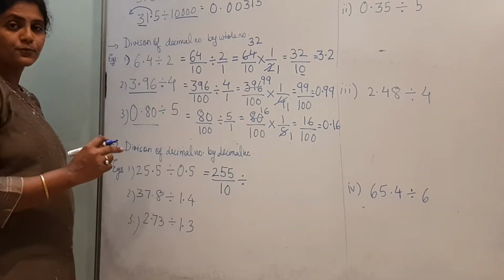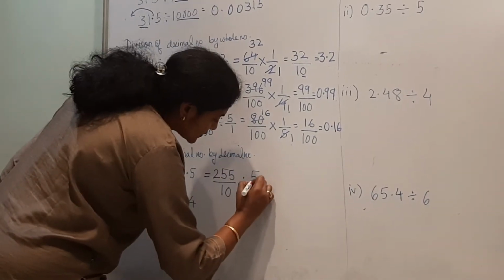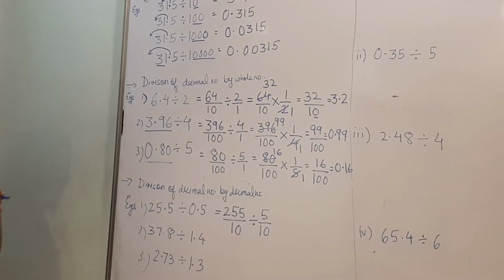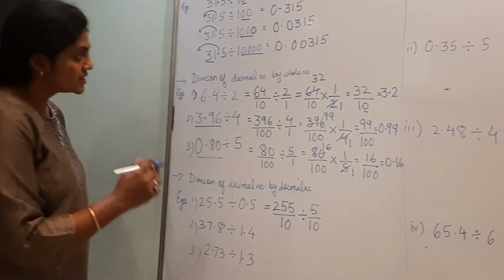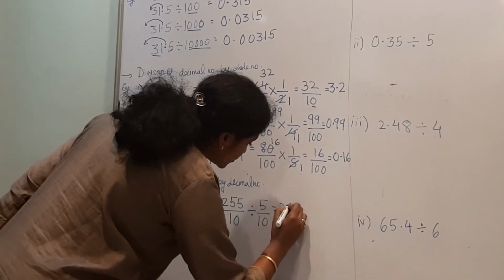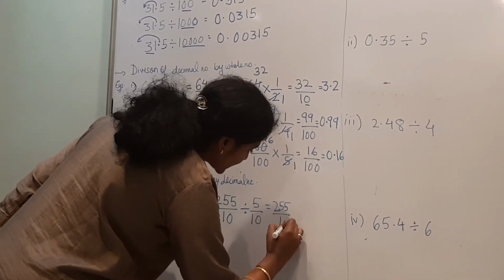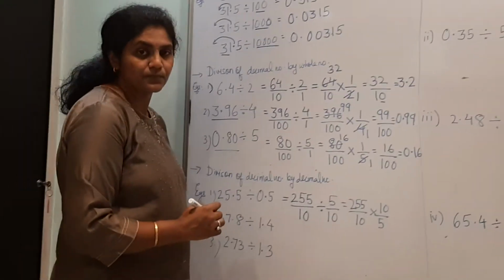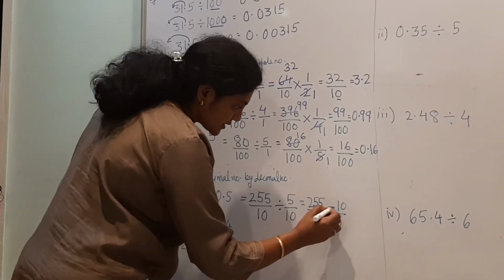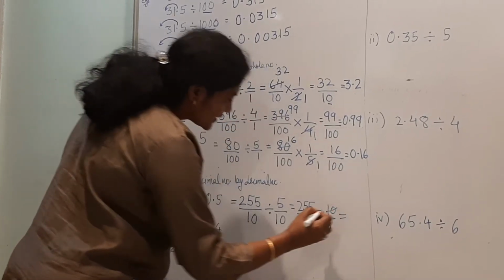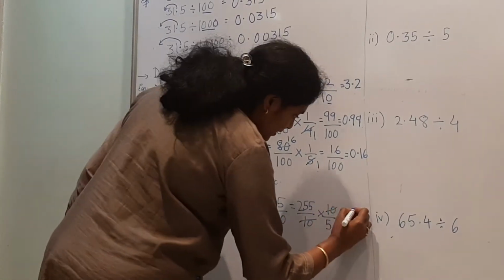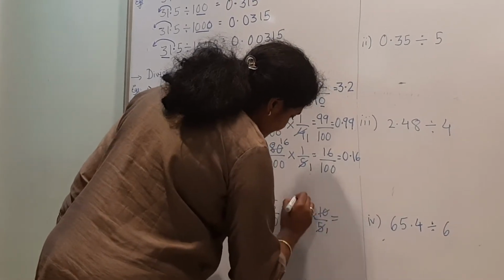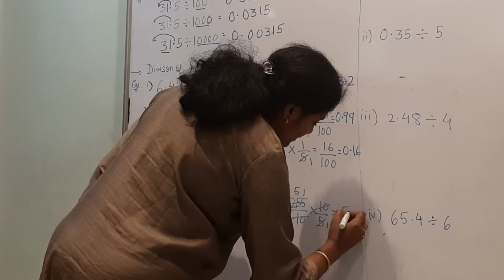How will you write 0.5? This will be 5 by 10. Again, division of fractions. Converted, so 255 by 10 into 10 by 5. Now, 10 cuts here. This will be 50, 5 5s are 25. This will be 51.